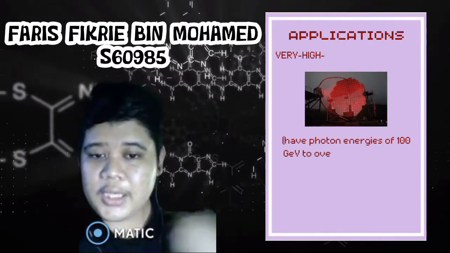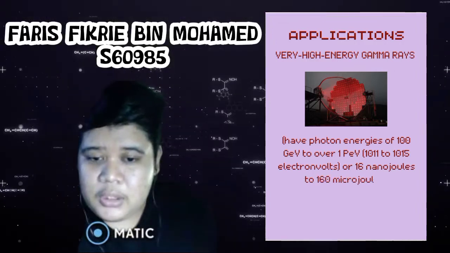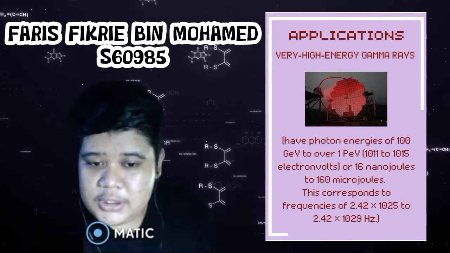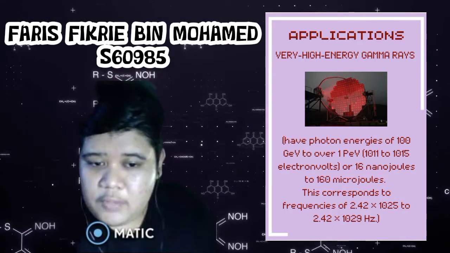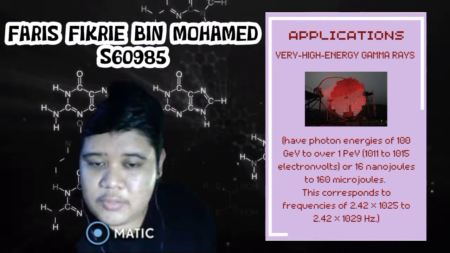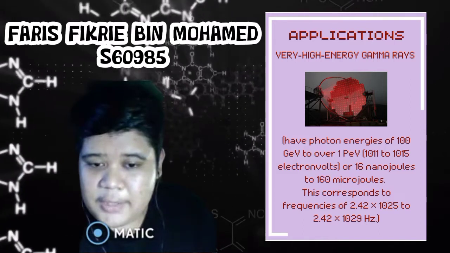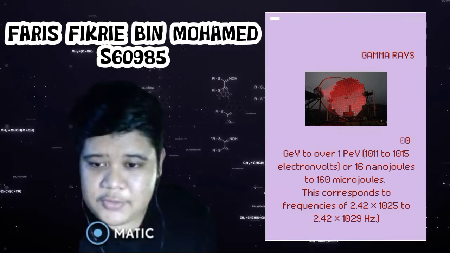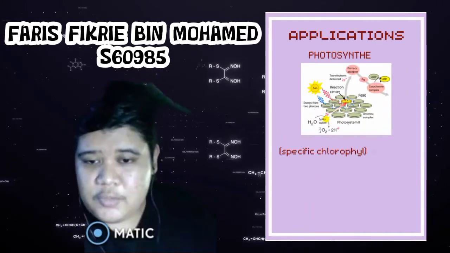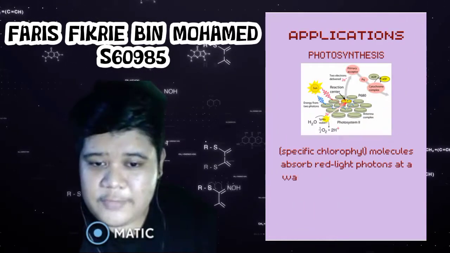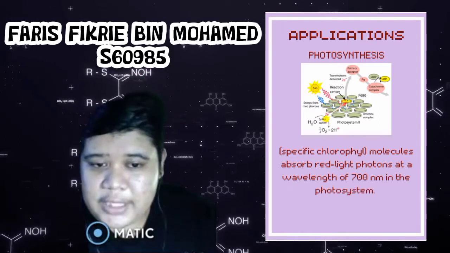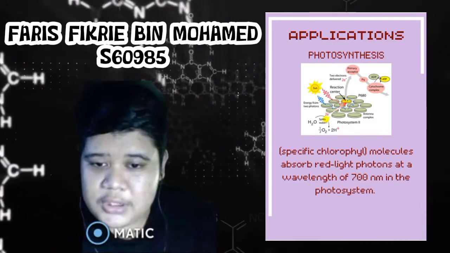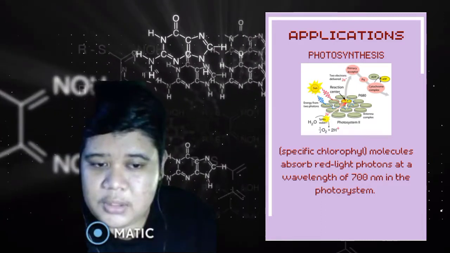Secondly, very high energy gamma rays have photon energies of 100 GeV to over 1 PeV, which is quite a high frequency. And lastly, photosynthesis, where specific chlorophyll molecules absorb red light photons at a wavelength of 700 nanometers in the photosystem.